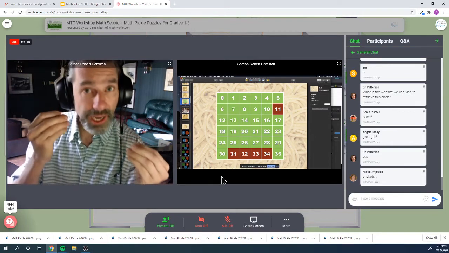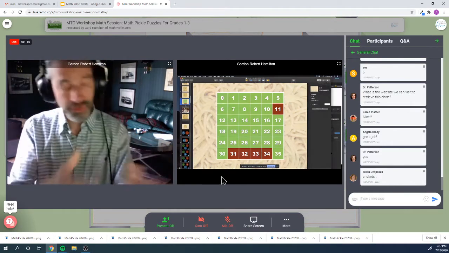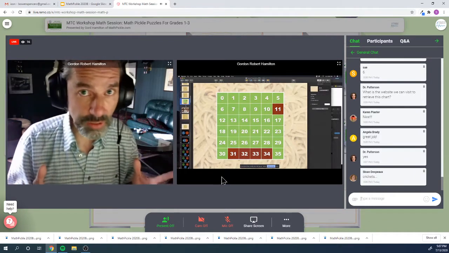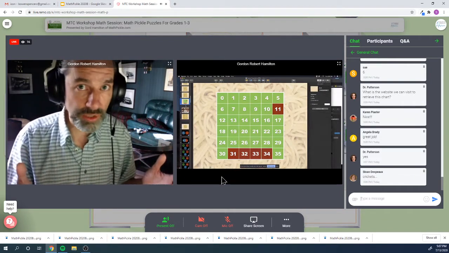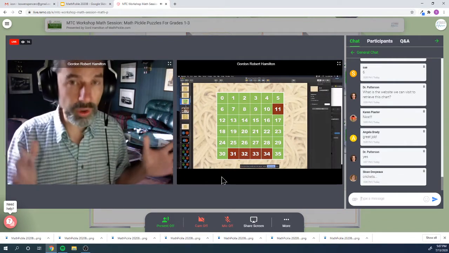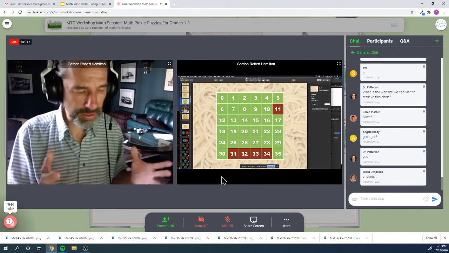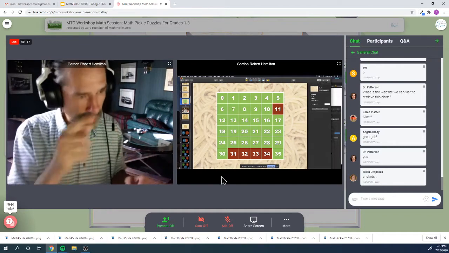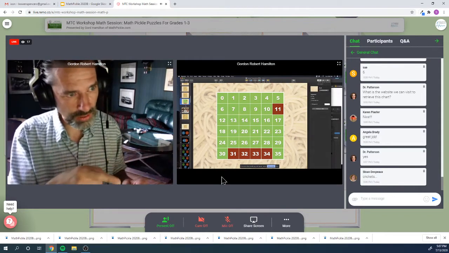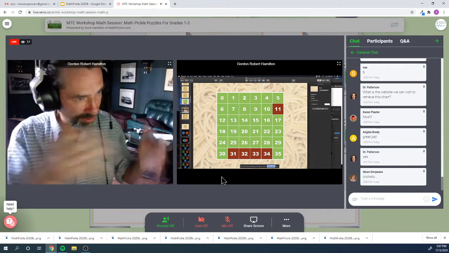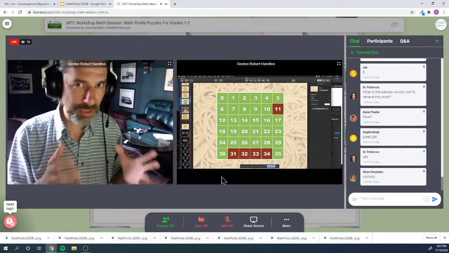So whenever I ask a student randomly to contribute, and all students have to contribute in my class, I don't want to know what the top students think whenever I have the whole class together. I want to know what the average student thinks. I want to know what they all think. But it can be intimidating to look at a student and say, it's your turn, say something.